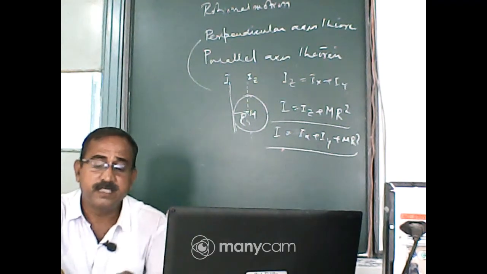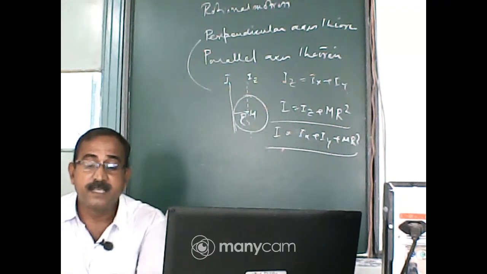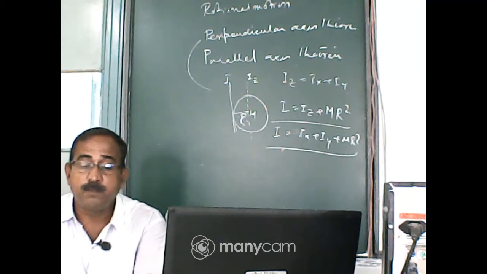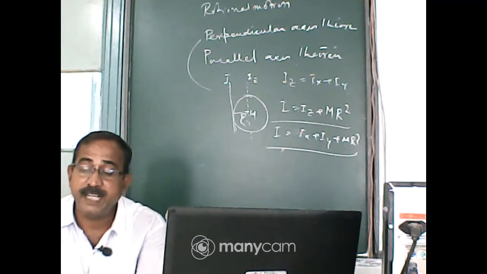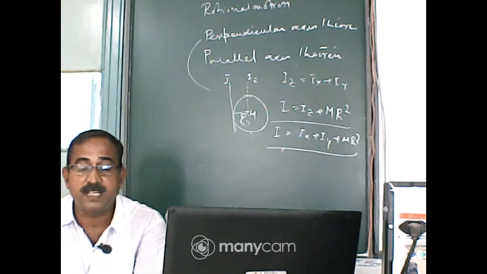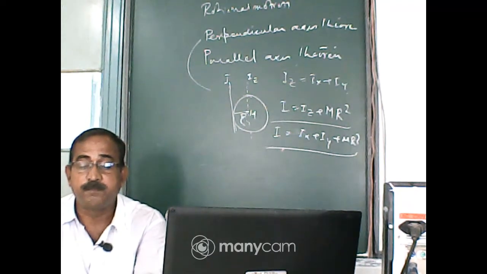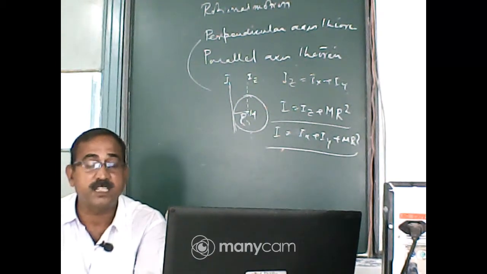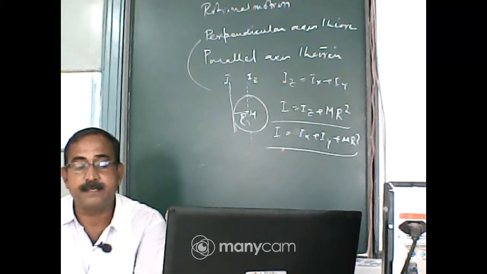Similarly, the theorem of parallel axis. According to the theorem, the moment of inertia of a body about any axis in its plane and parallel to the axis passing through the center of mass of the body is equal to the moment of inertia about an axis passing through the center of mass of the body plus the product of the mass of the body and square of the distance between the two axes.